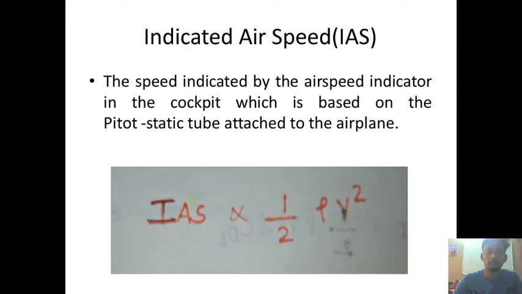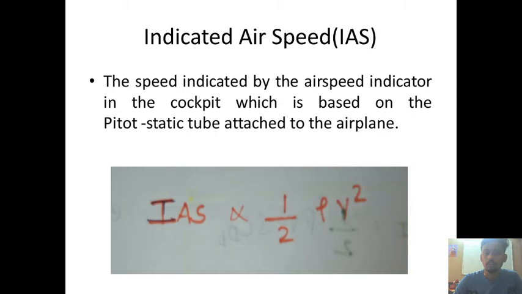Now let us see about the indicated airspeed. The speed indicated by the airspeed indicator in the cockpit is based on the pitot static tube attached to the aeroplane. As we all know, the main purpose of the pitot static tube is to measure the dynamic pressure. Dynamic pressure is nothing but the kinetic energy in the fluid because of its motion.